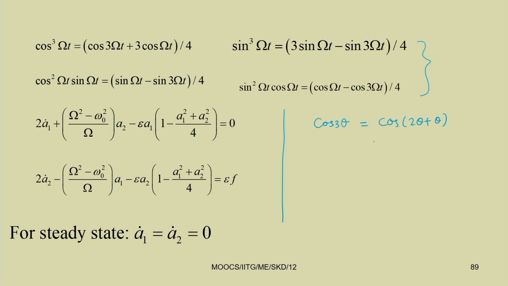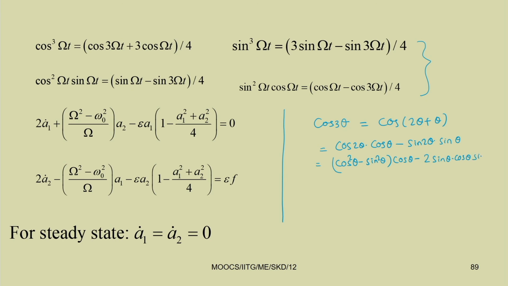So cos A plus B is equal to cos A into cos B minus sin A into sin B, that is cos 2 theta into cos theta minus sin 2 theta into sin theta. So again this cos 2 theta can be written as cos square theta minus sin square theta into cos theta minus the sin 2 theta can be written as 2 sin theta into cos theta into sin theta.